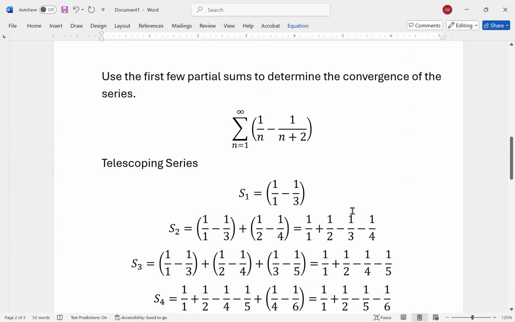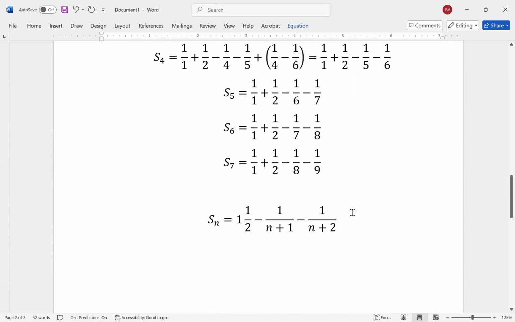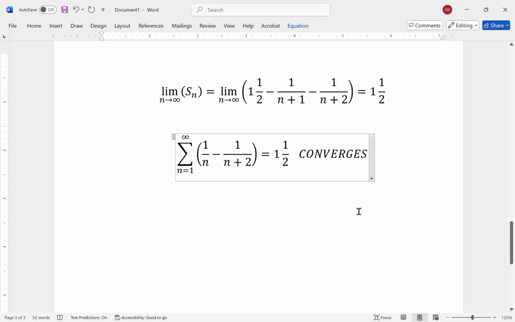Now, there's no good formal way of coming up with a summation for a telescoping series, but you can see that if we are in this situation, then this type of telescoping series converges. And I say this type because obviously there might be another type that diverges.